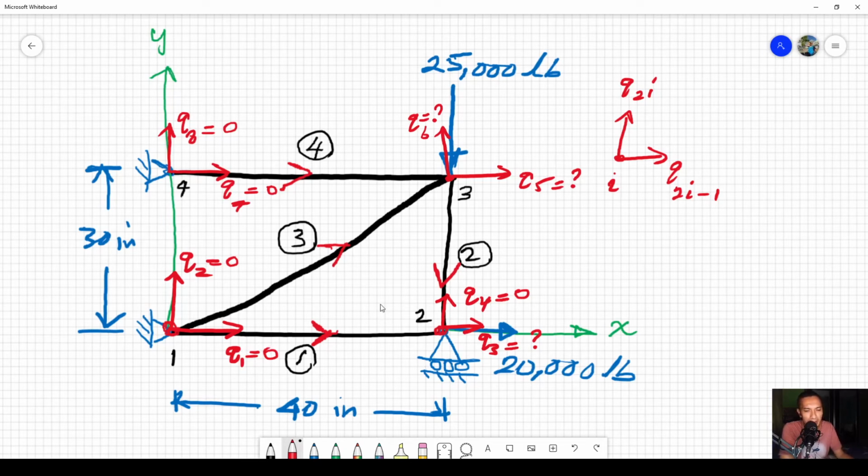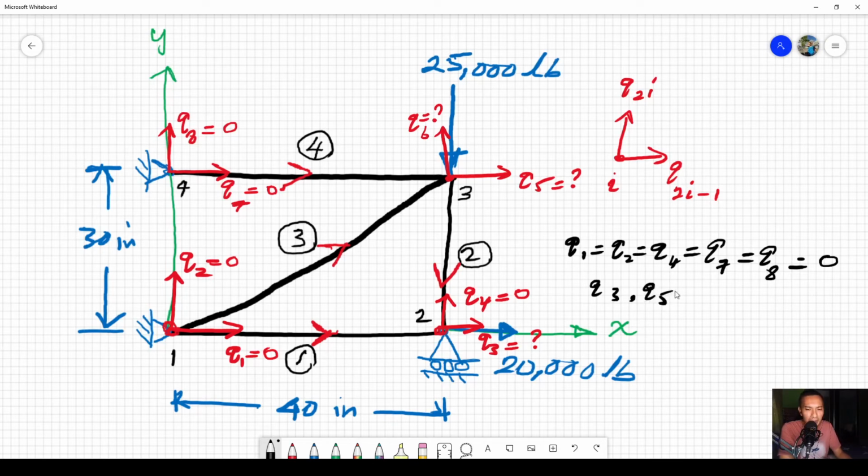Using this information, we have q1 equal to q2 equal to q4 equal to q7 equal to q8 equal to 0, while q3 is the only displacement that we need to obtain from our calculations later.